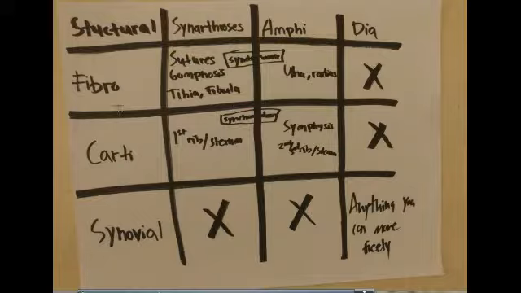So, again, we have the synarthrosis joints, which are joints that don't move at all. Then we have the amphiarthrosis joints. These joints have limited movement, so they have some movement. And then we have diarthrosis joints, which are freely movable.